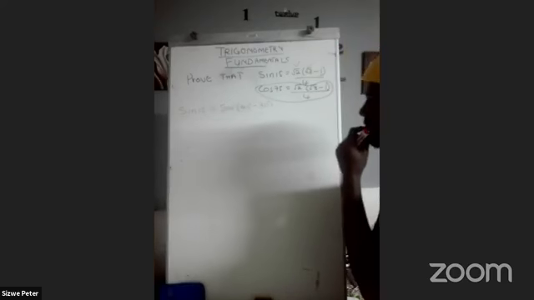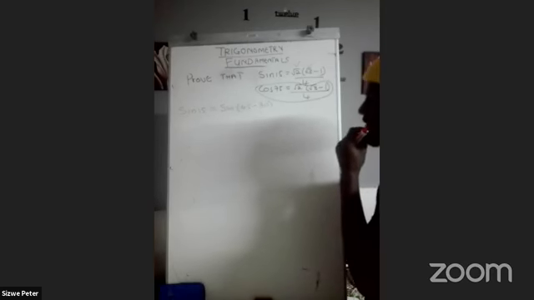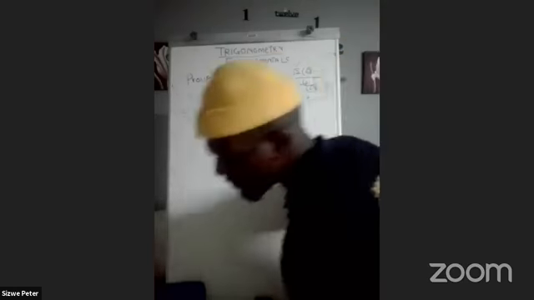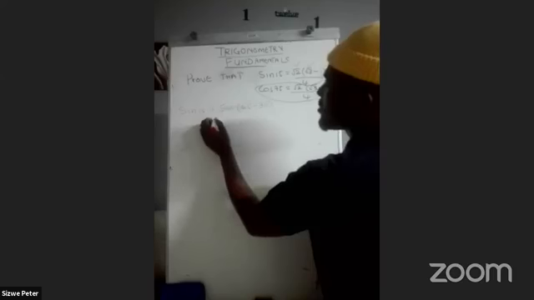Because 45 minus 30 will give me 15. Or you can write this in terms of 60 minus 45. It's 15.